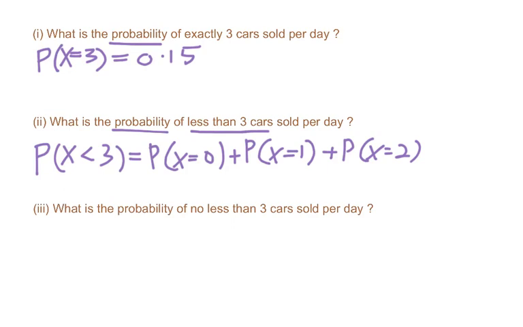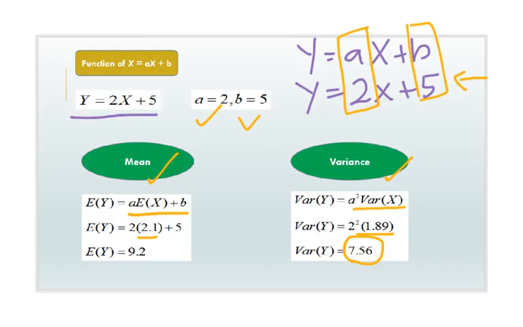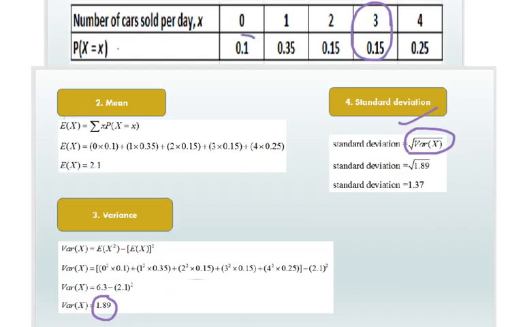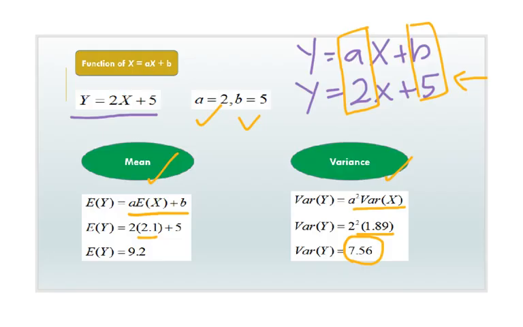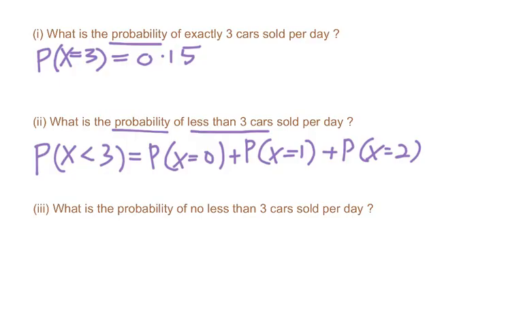Again, for all of these probabilities, we can find them in the table. For 0, 1, and 2, we have 0 is 0.1, 1 is 0.35, and 2 is 0.15. So we can substitute all these values into our probability. Probability of 0 is 0.1, probability of 1 is 0.35, and probability of 2 is 0.15.